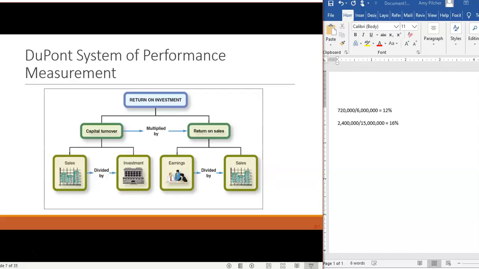So we're going to look at capital turnover and return on sales. So we can calculate the return on investment by multiplying our capital turnover times our return on sales. Return on sales is earnings divided by sales, or income divided by sales. And our capital turnover is our sales divided by our investment.